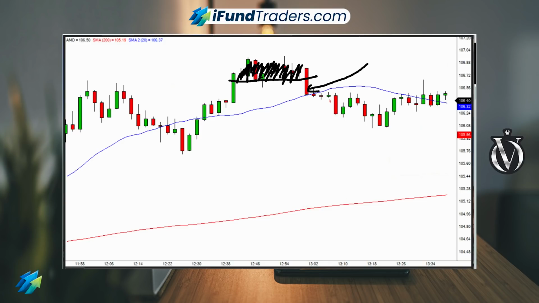Now, oftentimes these elephant bar plus clearings are changing events. They're igniting events. They're changing something that was going on and igniting something new.